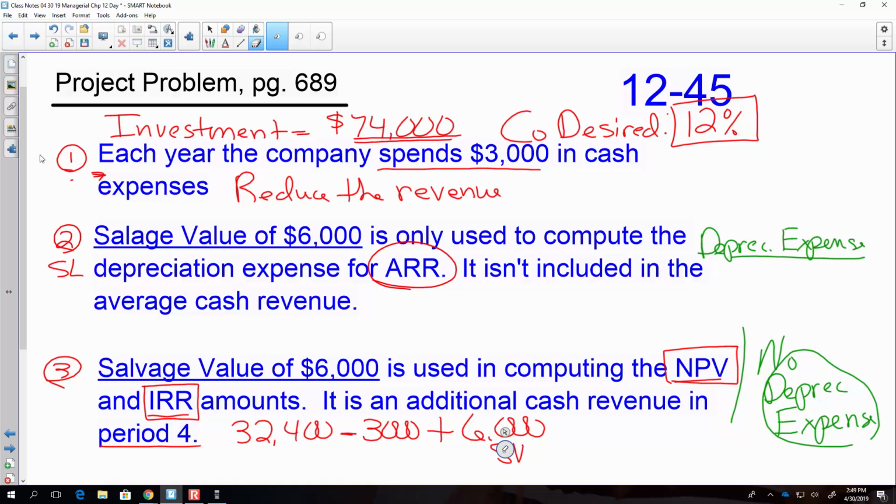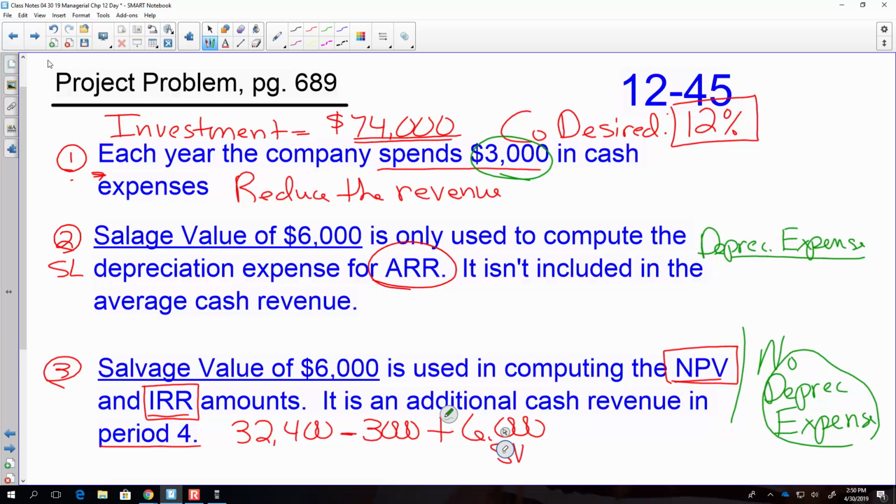Probably the biggest obstacle on this question is, don't forget that for each cash flow, for each year, there's a $3,000 expense that has to be reducing that revenue stream of 19.8, the 27, the 32.4s. You have to reduce that first. Even when you're doing the payback, even when you're doing the accounting rate of return, that 3,000 has to come out of there. So please don't forget that.